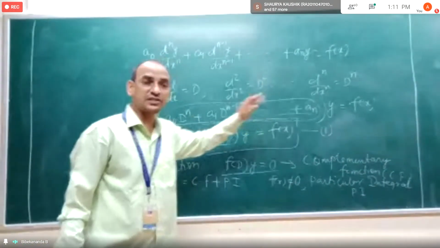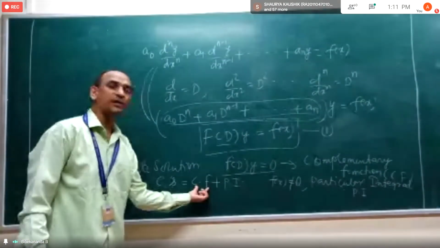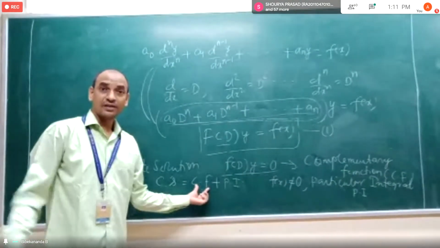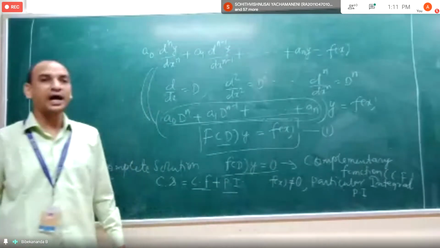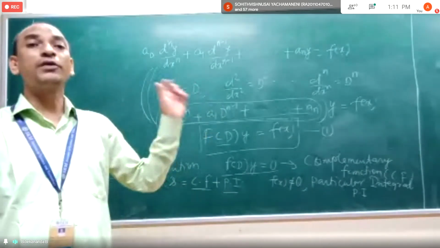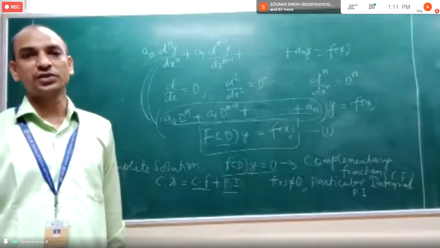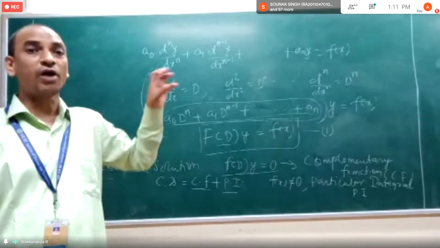If f of x is 0, the complete solution is equivalent to the complementary function. Our aim is now to find the complementary function as well as the PI for a given linear differential equation with constant coefficients. So how can we find it?